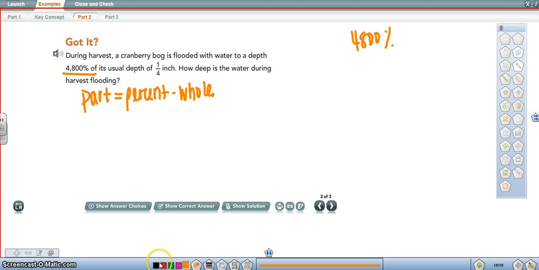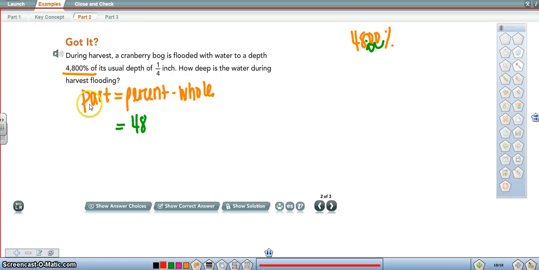Remember, if you want to change a percent to a decimal, you can just move that decimal over 2 times. So really, this percent is just 48. The whole number 48 is the same as having 4,800%, because it's like 48 times your 100% original amount, like we kind of talked about earlier.